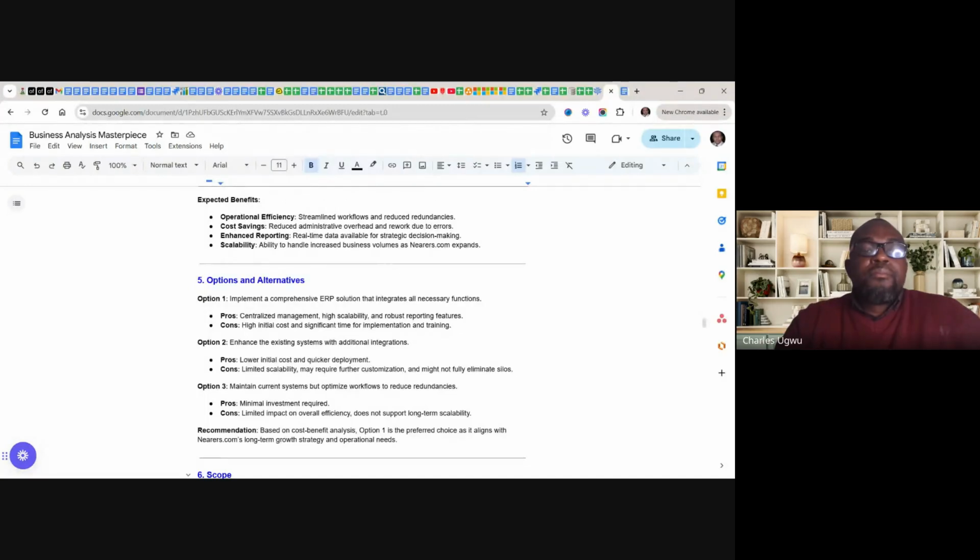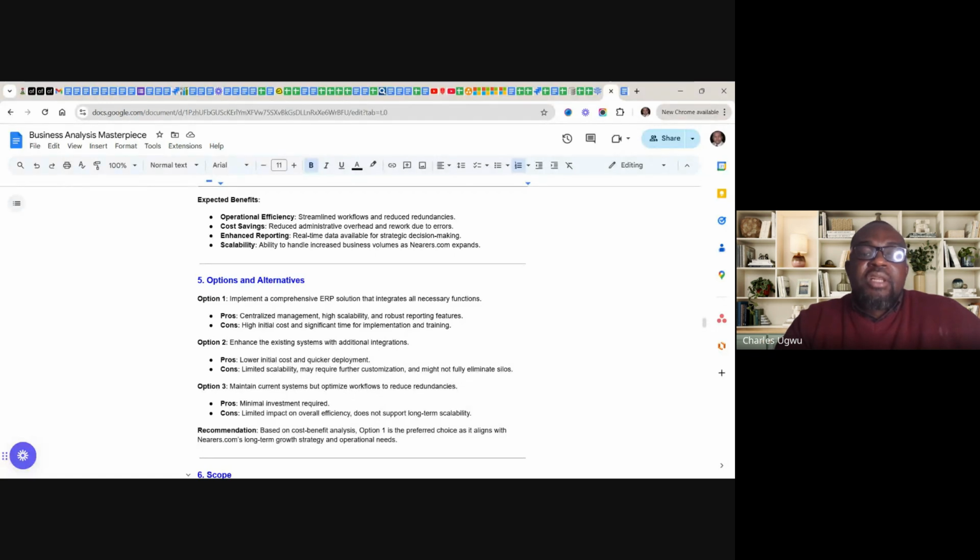And then options and alternatives. We have so many options here. Like I told you, when you are doing solution evaluation, you can capture so many options for them to choose from. Here we have: implement a comprehensive ERP solution that integrates all necessary functions.